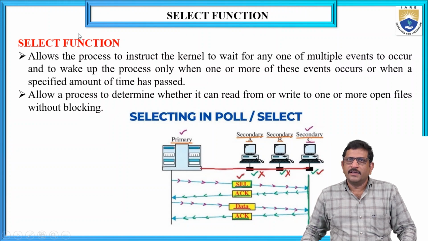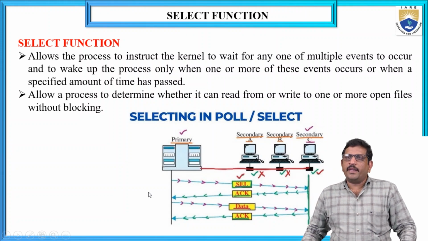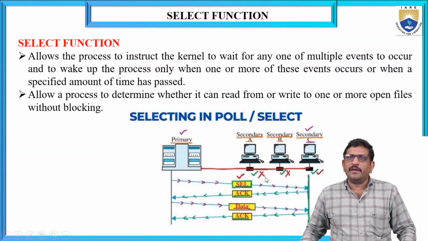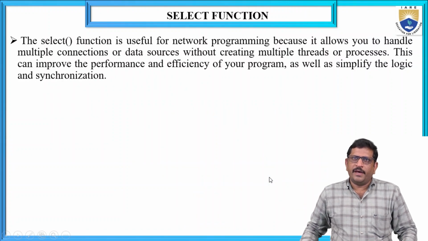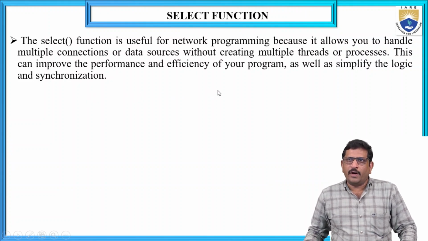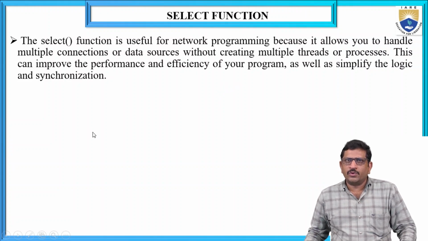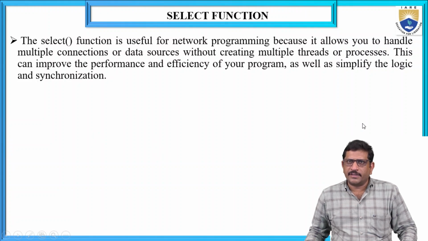By using this select function, finally we can establish the communication between the primary devices and secondary devices. This select function is useful for network programming because it allows handling multiple secondary device connections and data sources without creating multiple threads or processes.